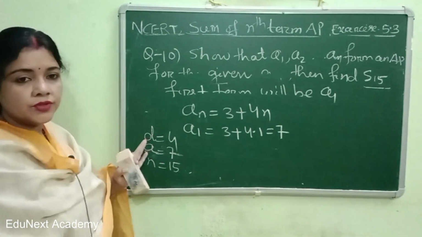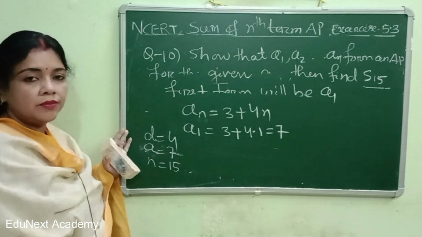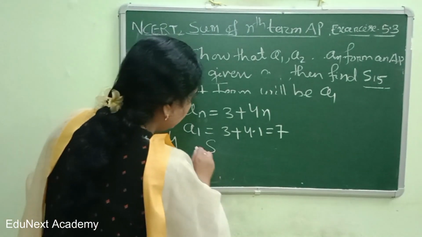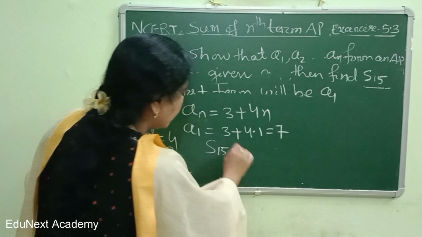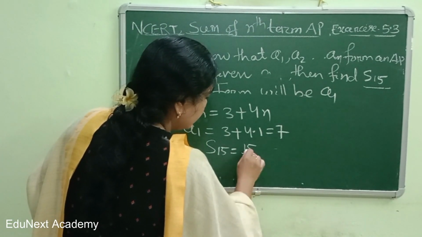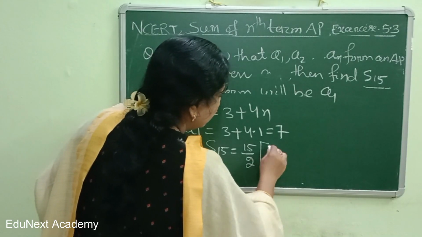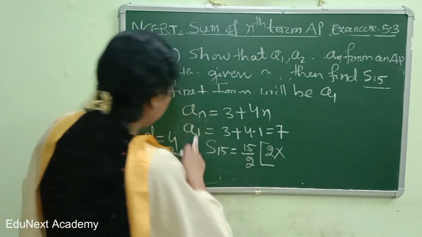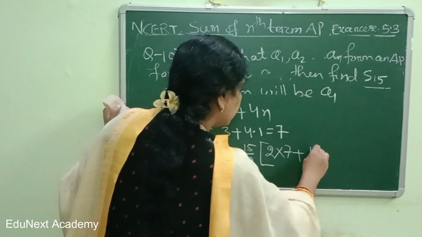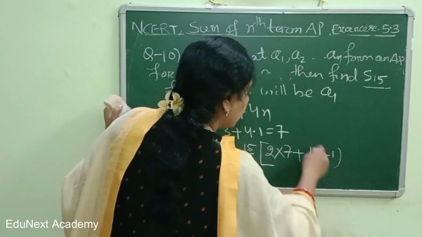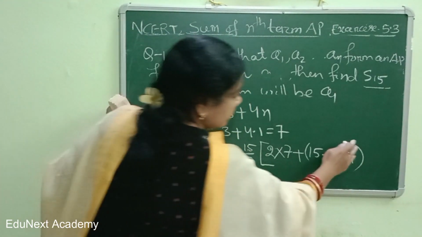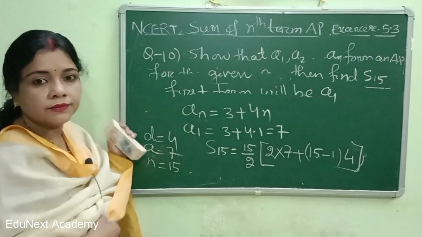I got all the terms required to find the sum of n terms, that means 15 terms. So S 15 is equal to n by 2, that is 15 by 2 whole into 2a, that is 2 into a which is 7, plus n minus 1, that is 15 minus 1, into d, which is 4.